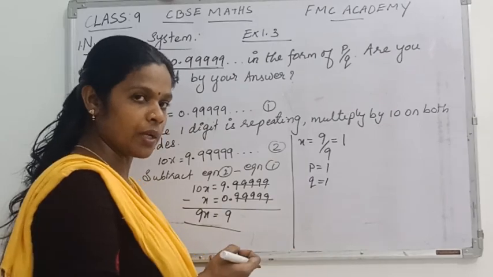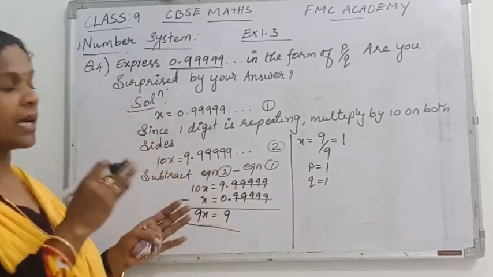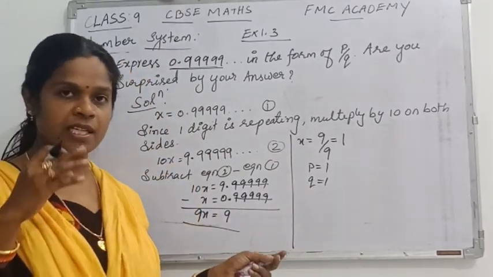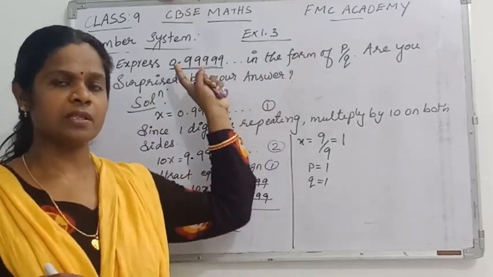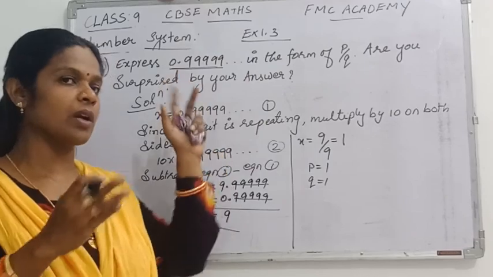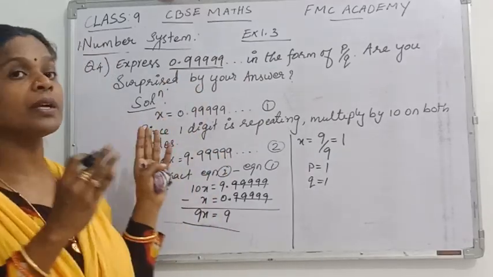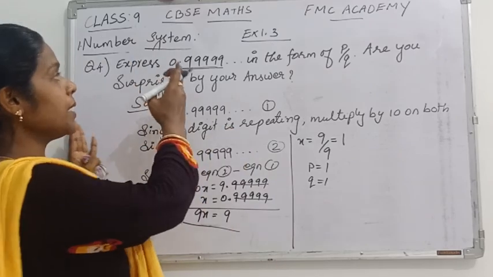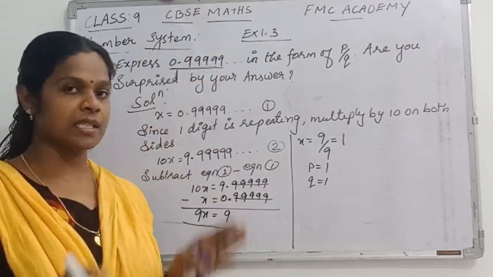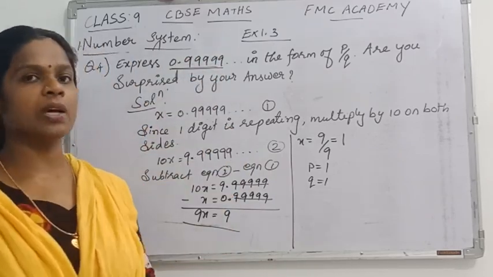But you have to give the reason why they are equal. The reason is very simple. This 0.999 is infinite, going on and on, so it is very close to 1. There is no gap between 0.999 and 1. That is the reason both answers are equal.